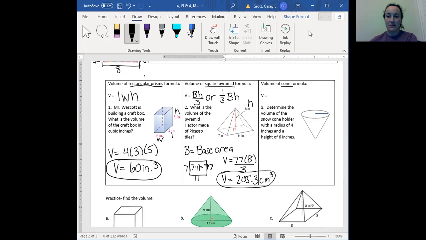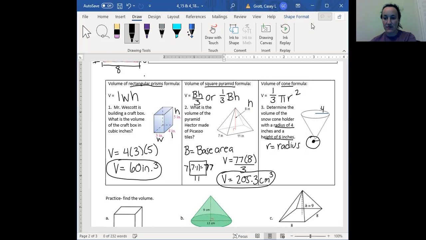My last shape is going to be a cone. My formula for this one is 1/3 pi r squared h, where r is going to be the radius, which remember goes halfway across the circle. So determine the volume of a snow cone holder with a radius of 4 and a height of 6.